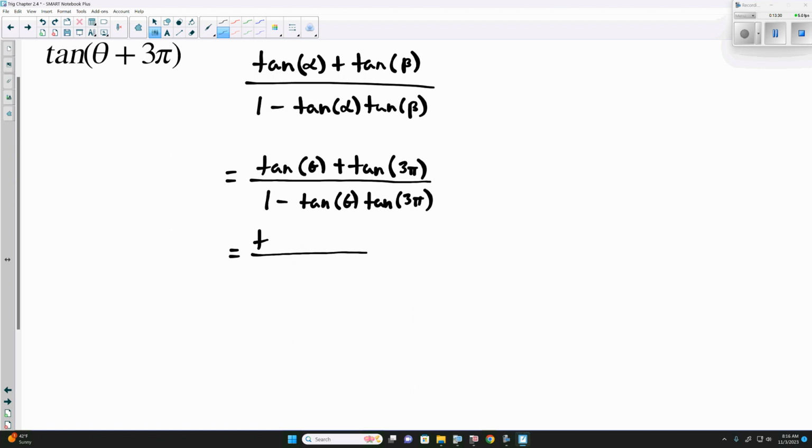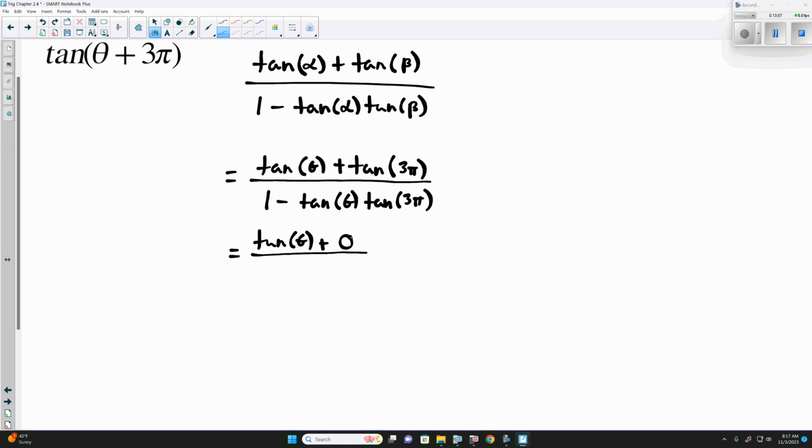So in the numerator, we still have tangent of theta plus tangent of 3 pi, which incidentally is 0. Now 3 pi is technically on the unit circle, because if we go all the way around, we get 2 pi. But we got to go one more. So we're actually over at pi.